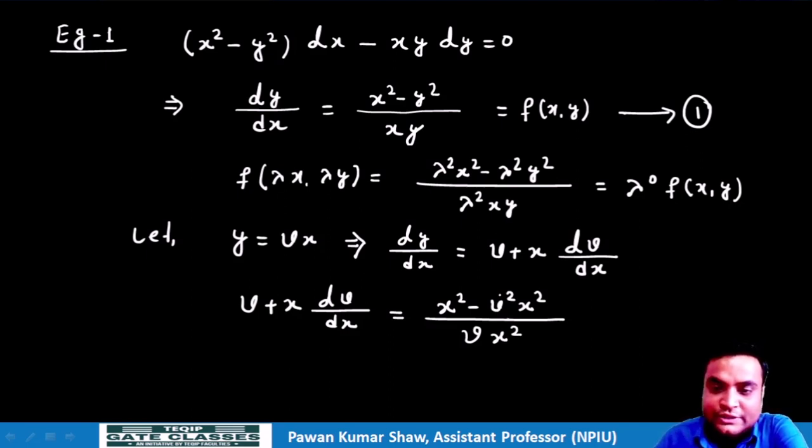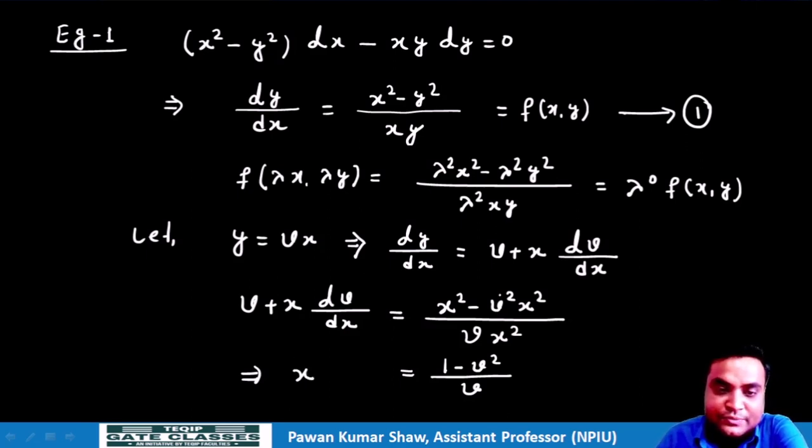If you notice here, in the numerator and denominator we can cancel x square. So we can write 1 minus v square divided by v, and the left hand side is v plus x dv by dx.